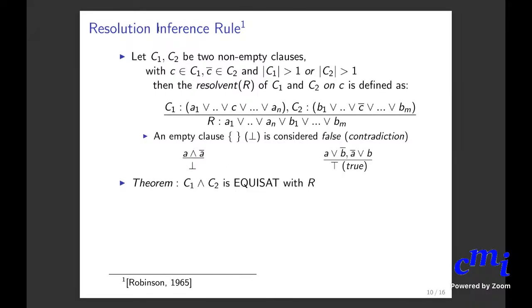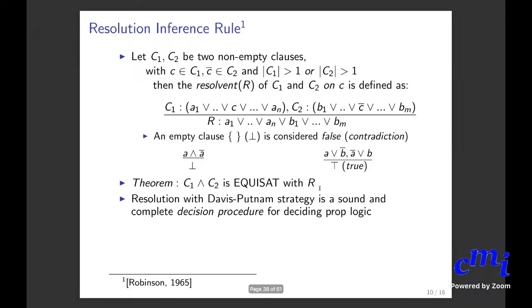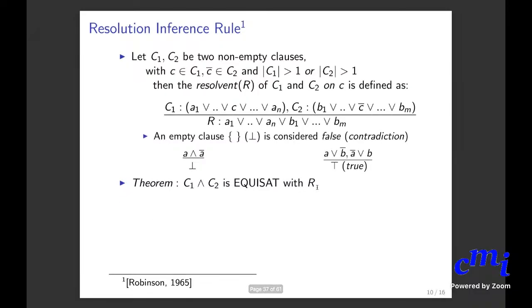The main theorem of resolution principle is, as I already stated, that C1 and C2 is equisatisfiable to R, which means the conjunction of the two clauses is satisfiable if and only if R is satisfiable. So the idea is to keep applying resolution repeatedly until you eliminate all the conflicting clauses.